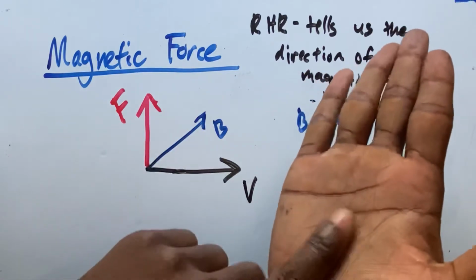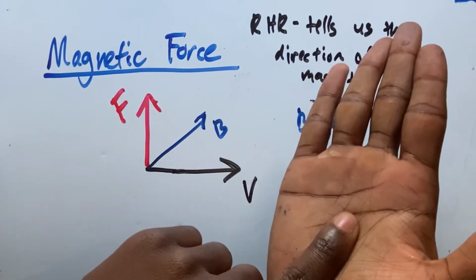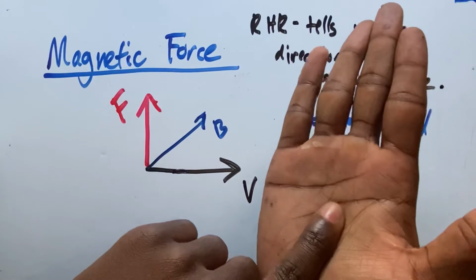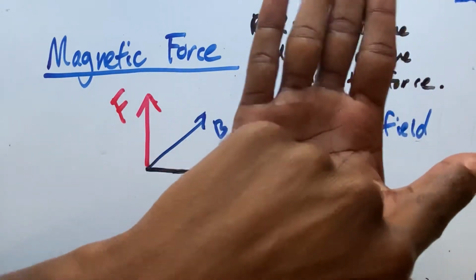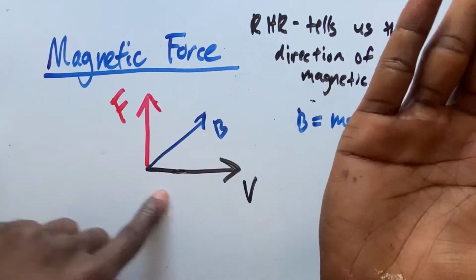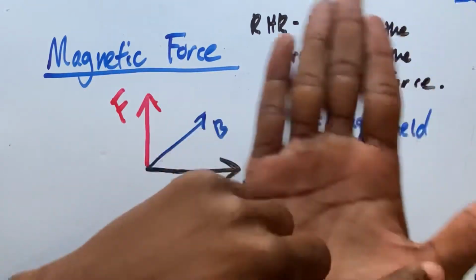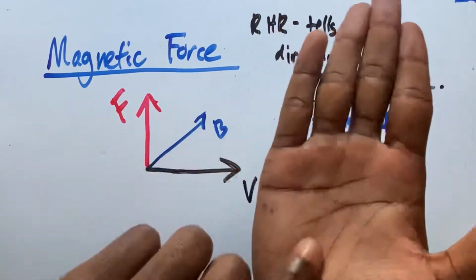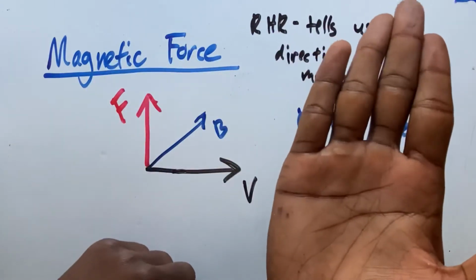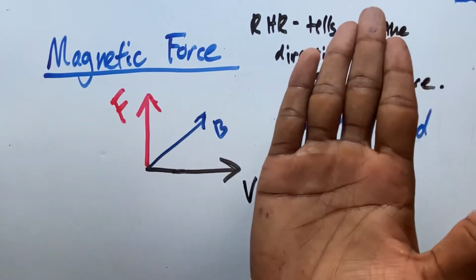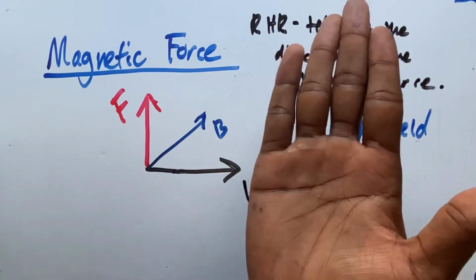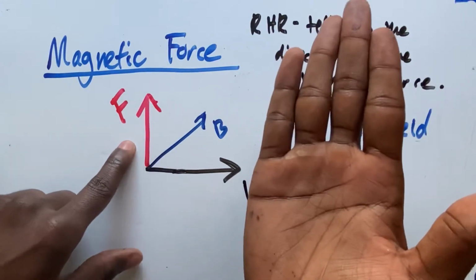And so whatever direction my palm is facing is going to be the direction of the force. So basically, my thumb is to the right because the velocity is to the right. Fingers are upwards, perpendicular with the velocity because that's the direction of the magnetic field. And my palm basically points upwards, so the force is going to be upwards as shown here.